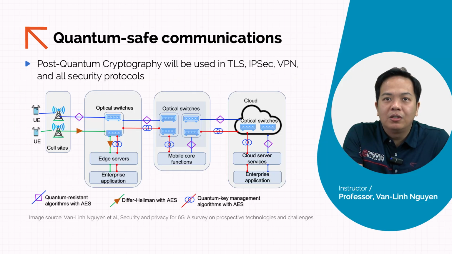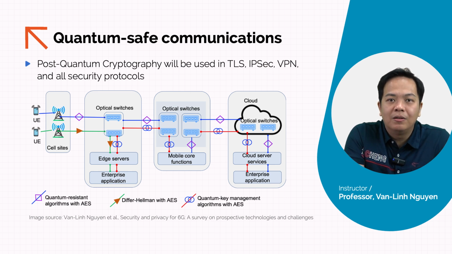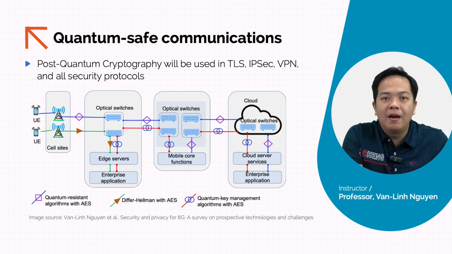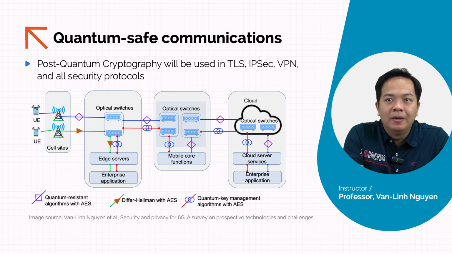So in future, you can see quantum-safe or quantum-resistant communication. These algorithms can be combined with AES, or with quantum key management like QKD, some mechanism to manage our communication in every network segment.